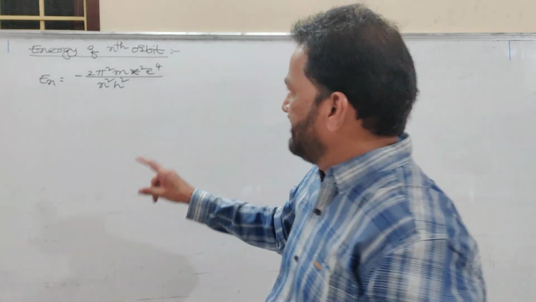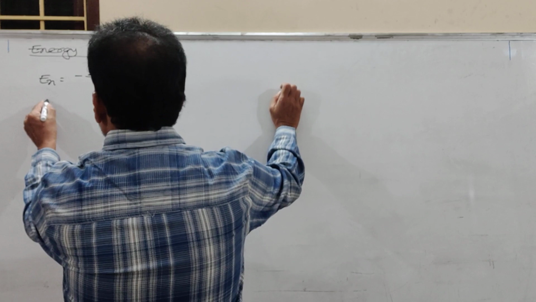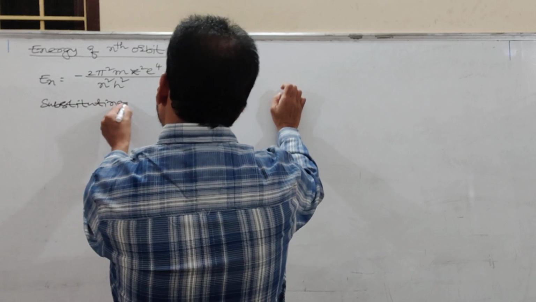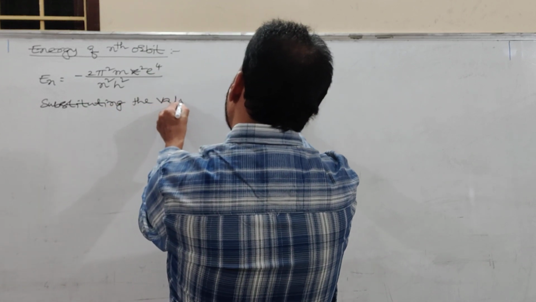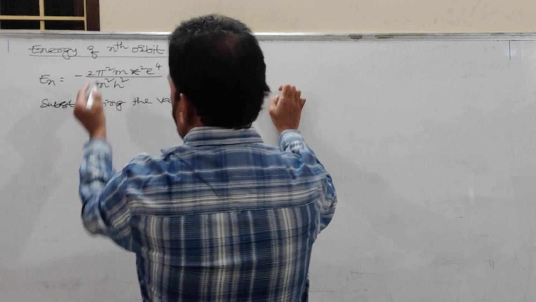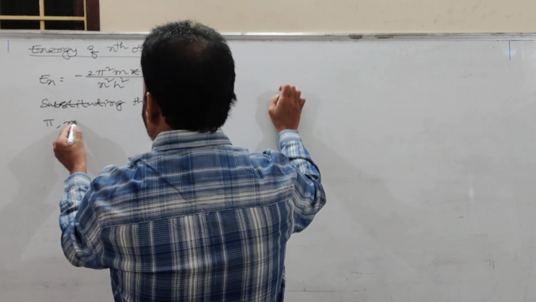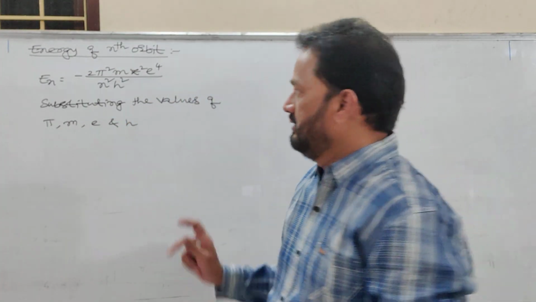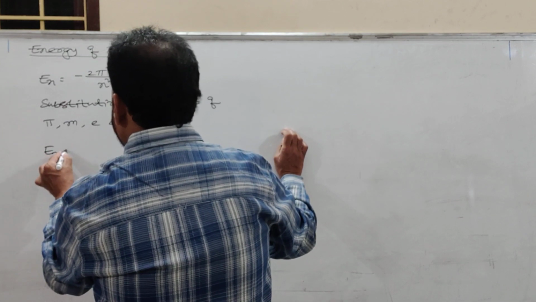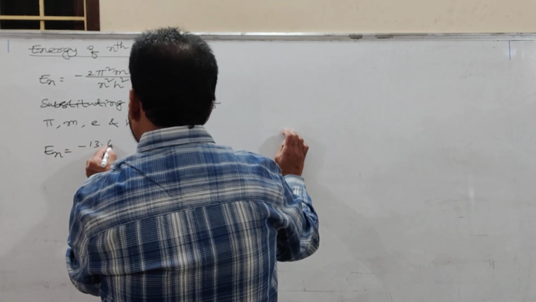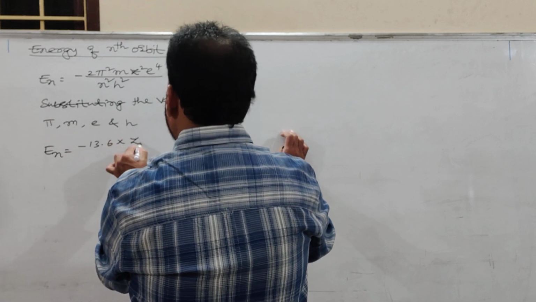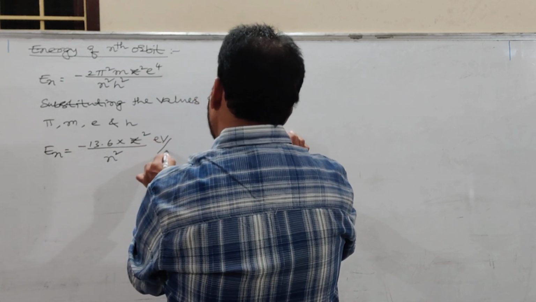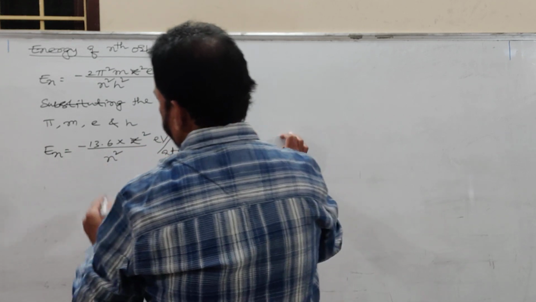Before that, if we substitute the values of pi, m, e and h, we get En is equal to minus 13.6 into Z square by n square electron volt per atom.